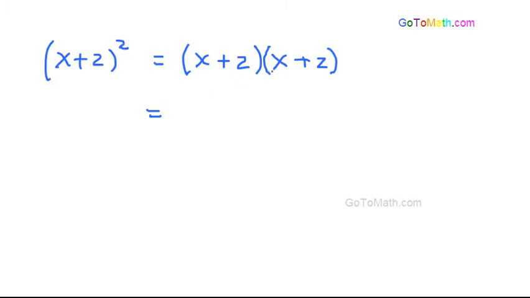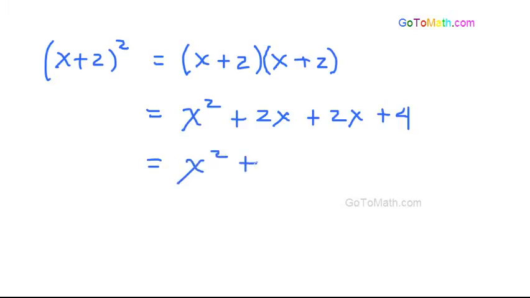So we have x times x is x squared, plus x times 2 is 2x, 2 times x is 2x, and 2 times 2 is 4. Okay? So we end up with x squared plus, collect your like terms, 4x, and then plus 4. So that's all we need to do. That's it.